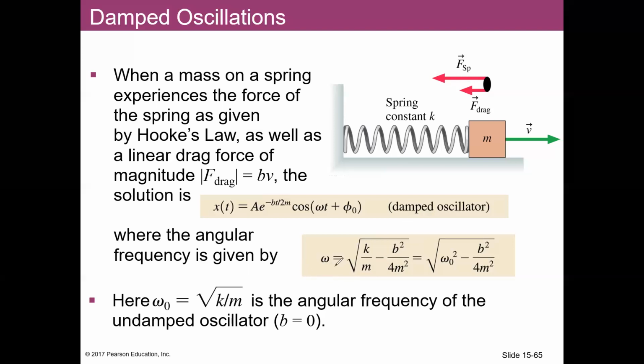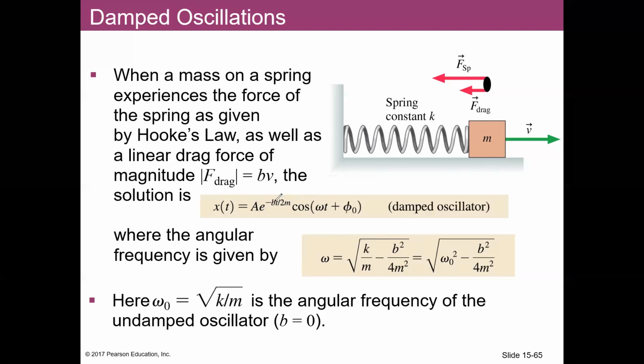Another remark that I would make is that this discussion extends completely one-to-one to analyzing the damping of a simple pendulum. The only difference is that, instead of x, it would be a displacement along the circle.